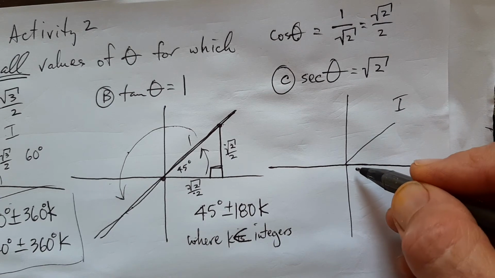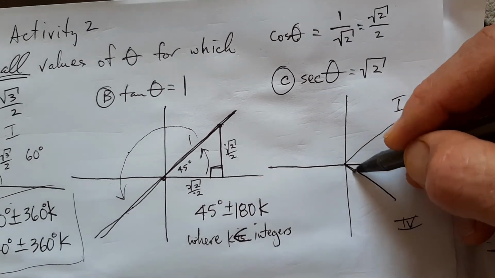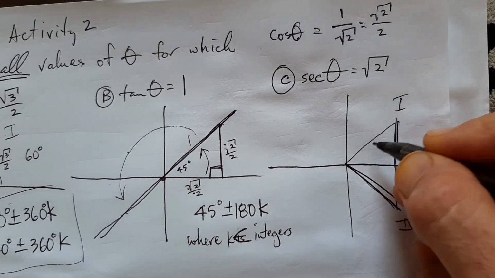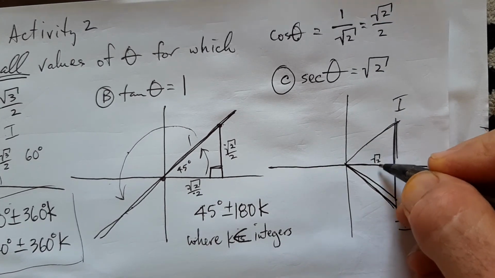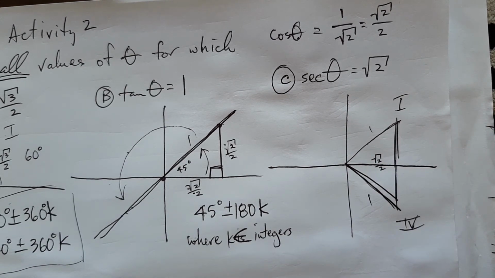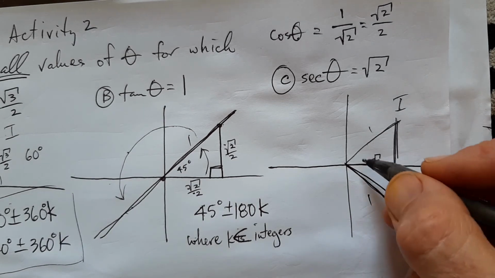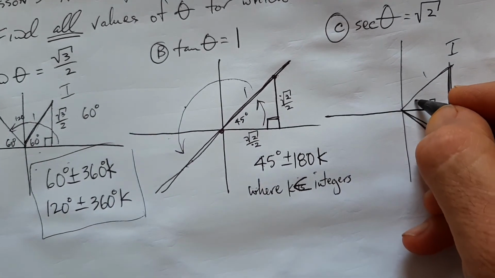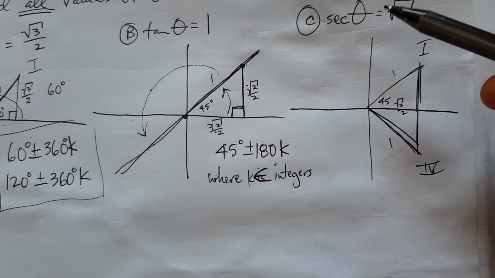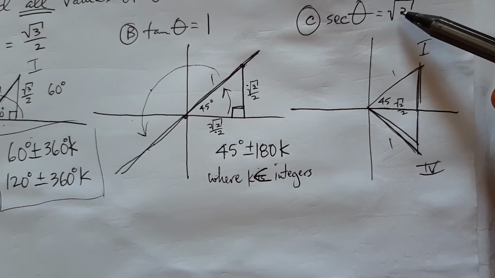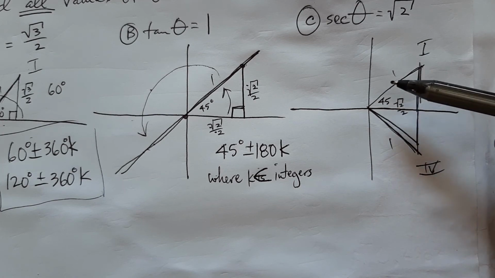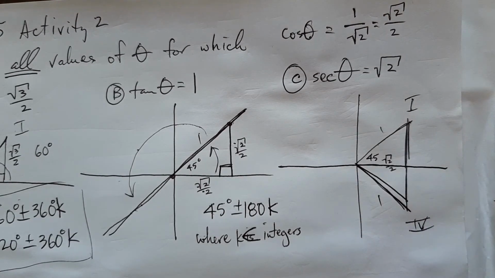So once again, it's a 45-degree angle here or here, because I either got this triangle or this triangle, right? Because this is the square root of 2 over 2, and this is 1. If secant of theta is square root of 2, cosine is square root of 2 over 2, you're figuring out the same angle.